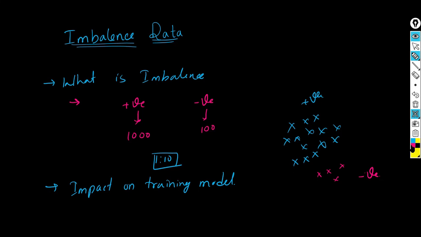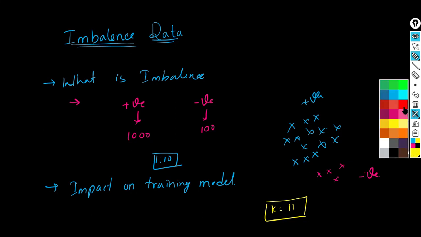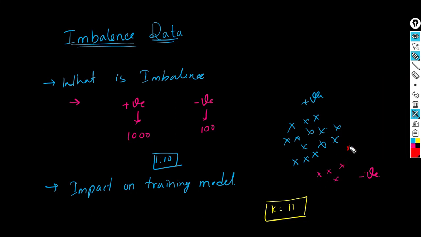Now let's take KNN with K value 11. When K is 11 and the query point XQ comes, it will be classified as the positive class, because we only have 4 negative points here and the remaining points will come from the positive class.